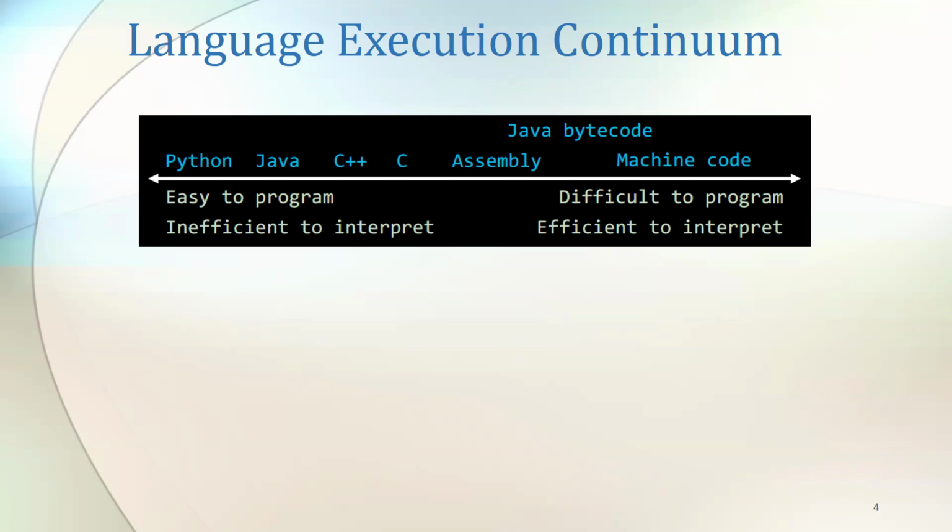Anyways, on the spectrum, you can accept that Python is easy to program and machine code is not, but there is an efficiency problem under the hood. The efficiency has to do with interpretation. We started this discussion with the fact that your programs have to run on a processor.